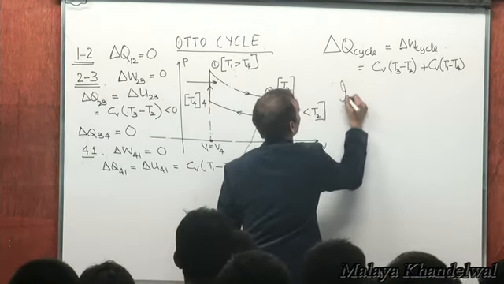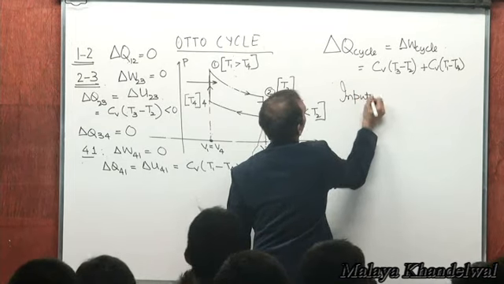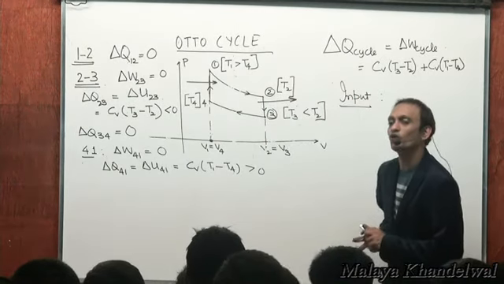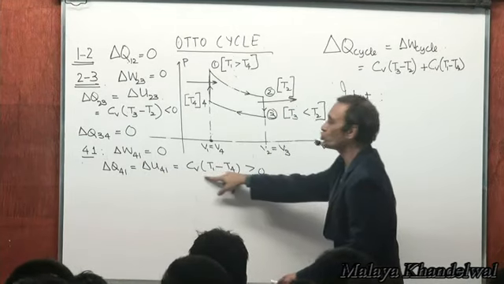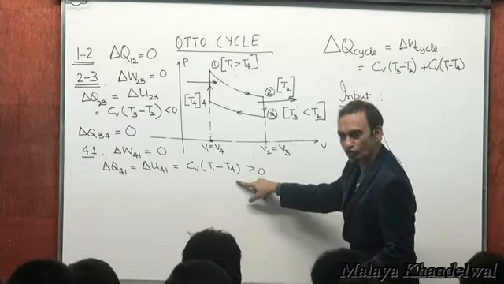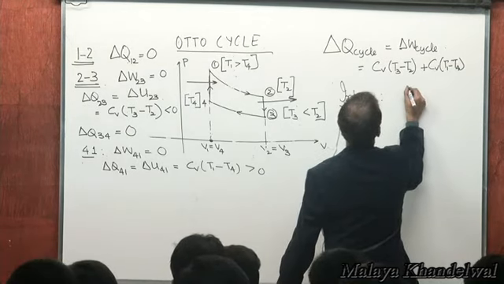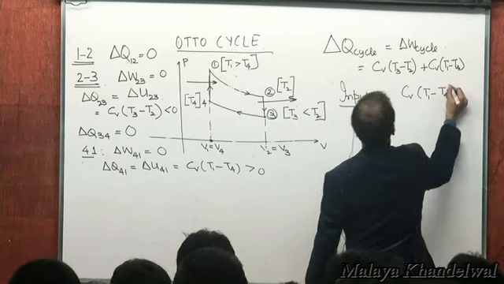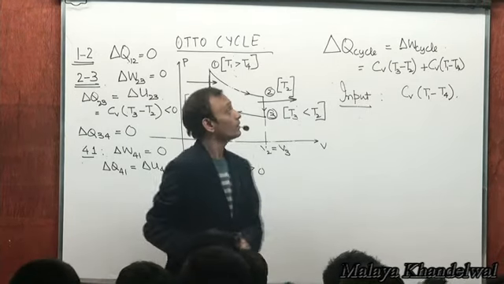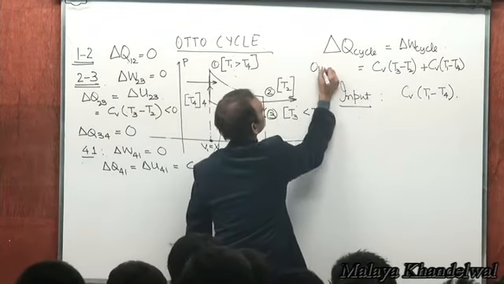The input of the cycle would be the positive delta Q, or the sum of all the positive delta Qs. What's the only positive delta Q here? Delta Q 41, right? That's going to be CV into T1 minus T4. And this is the output of the cycle.